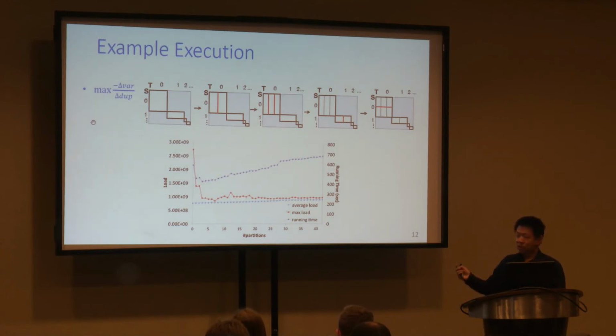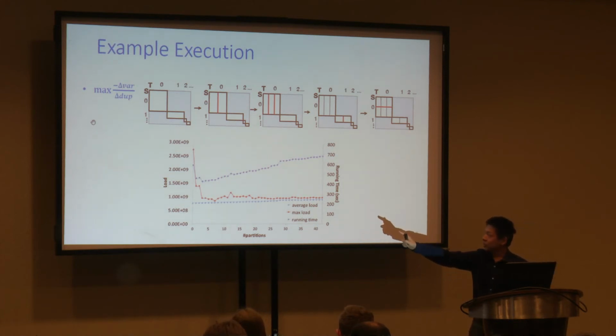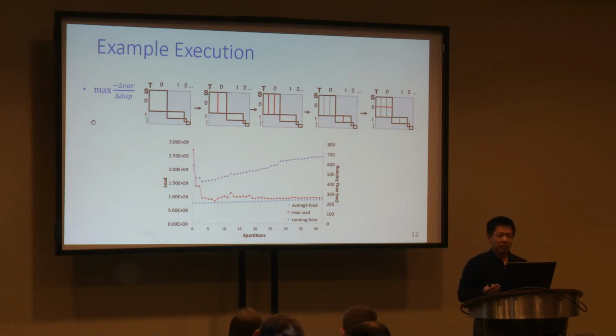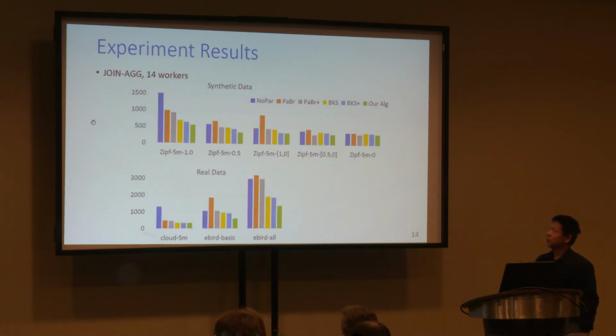So there's a trade-off between the variance and the total load. The running time eventually starts to increase because of this extra duplication. So we use the help of a cost model to decide when we should stop partitioning and obtain the shortest running time.